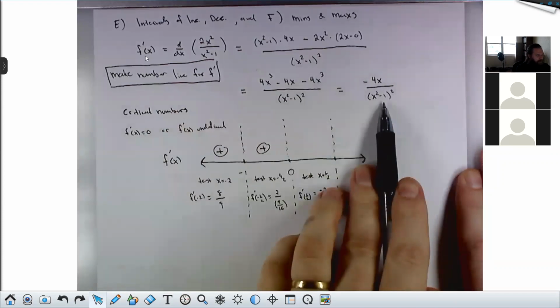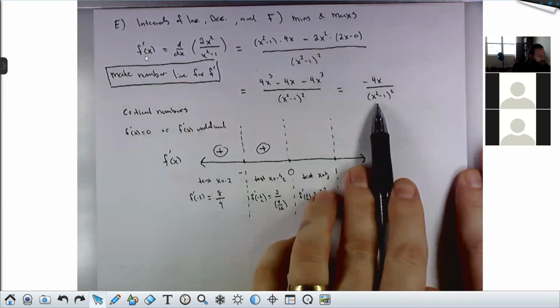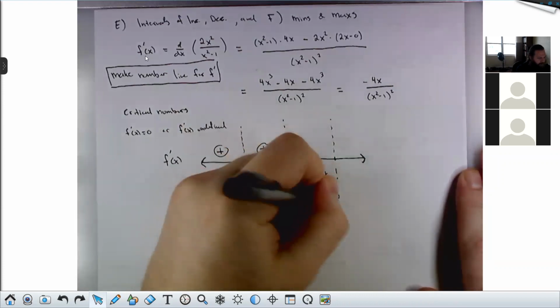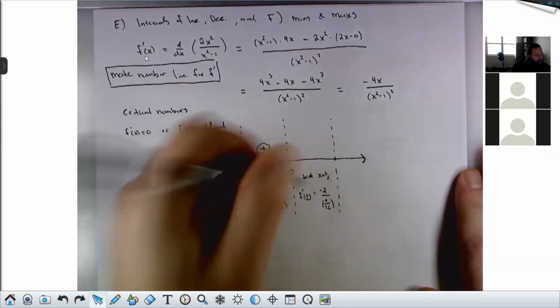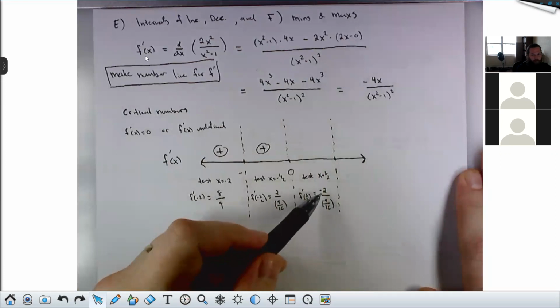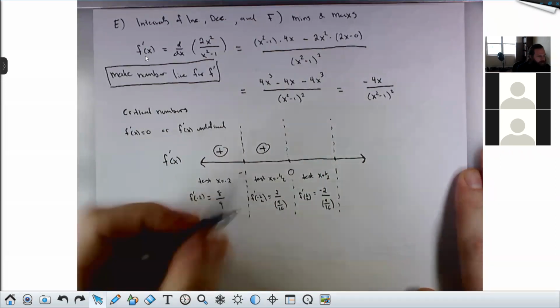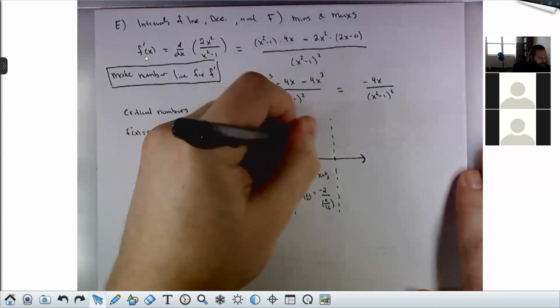And then downstairs here, -1/2 squared is... sorry, it's +1/4. +1/4 minus 1 is -3/4. -3/4 squared is 9/16. And this is definitely a negative number, right? You take -2 and divide it by a positive number, you're going to get a negative number. So this will be negative.